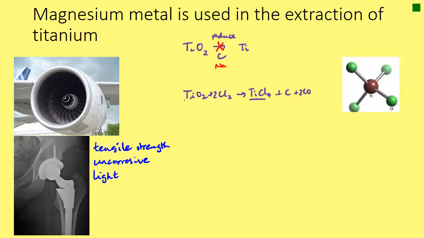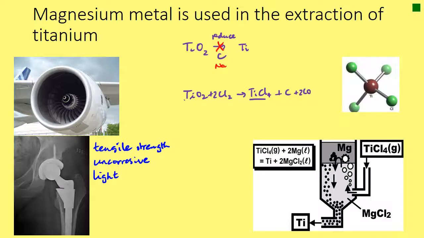At room temperature it's a liquid, but when we want to use it in the reaction, we make it into a gas. It's used in a displacement reaction in equipment such as this, where we also use the magnesium.